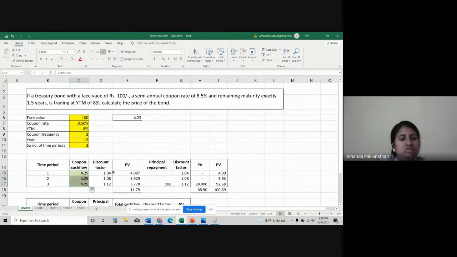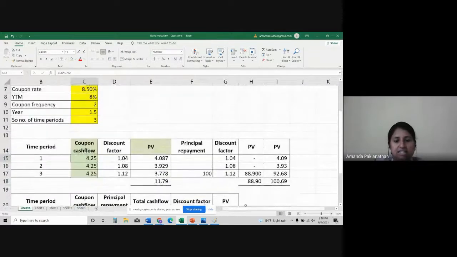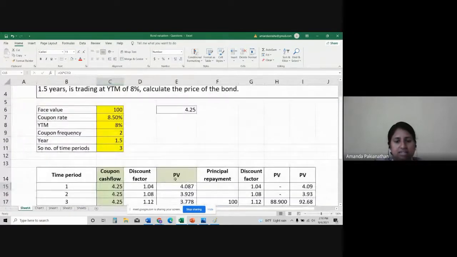What am I going to do next? I need to calculate the present value of this coupon. Now, this is the coupon amount for a year? No, it's for 6 months. Now I need to divide this, or discount it, by the required rate of return.